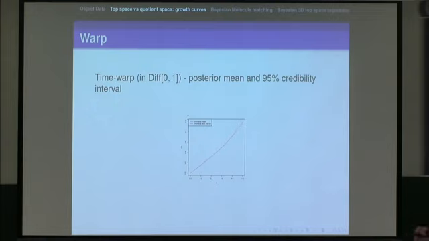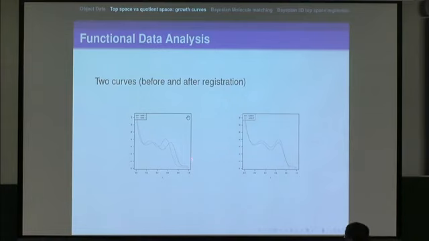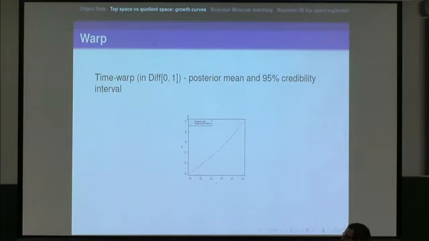What's on the vertical axis? Right, the vertical axis is also time. It's the warped time. So you're going from the original time to the new time after they've been aligned. If there was no transformation, that would just be a straight line, and that might be your prior, which I'll have in the model, will be a straight line, but we will allow departures from that.